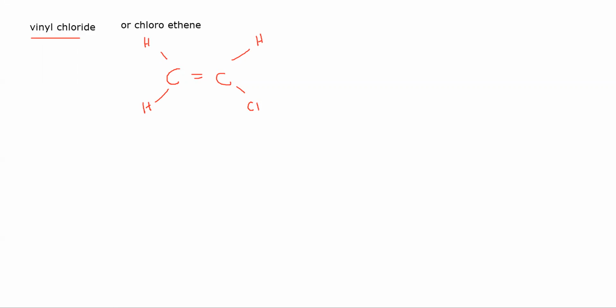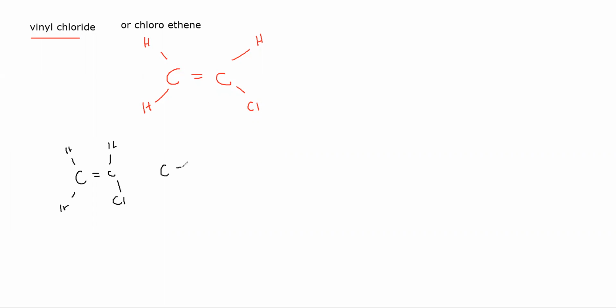Now, if I want to draw a polymer, how to draw it? I already showed you the structure. It appears like letter H. So if I draw the monomers again, it will be C double bonded with C. There will be H, H and Cl. This is one molecule, one monomer.